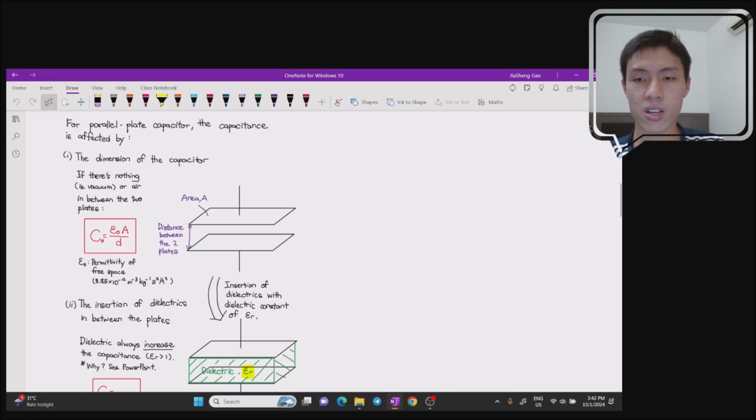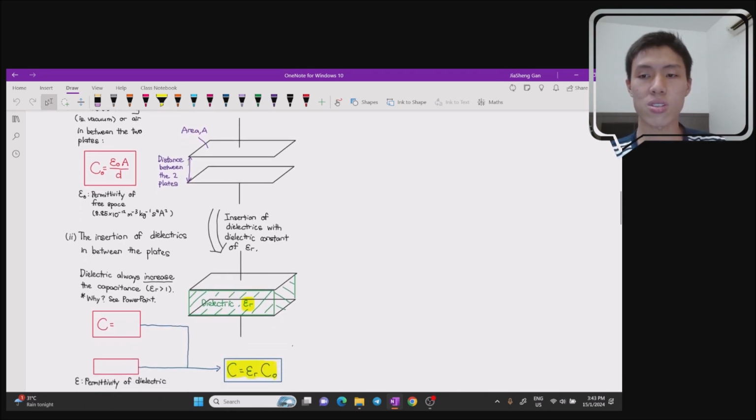If you have a narrower gap between the two capacitor plates, a smaller d, you increase your capacitance as well. If this space is not filled with anything, it's a vacuum, then the permittivity of vacuum is just represented by epsilon naught, 8.85 times 10 to the power negative 12.